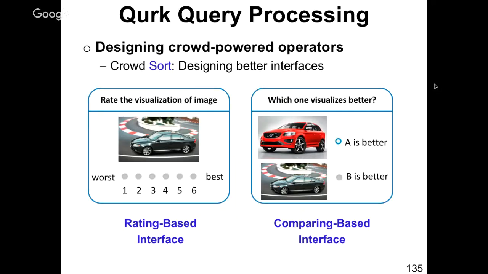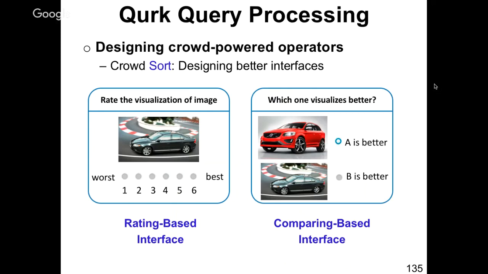And the second interface design, for crowdsourcing sort, is more interesting. Suppose I want you to give me a sorted list or a top K of images about which cars have a better visualization effect. There could be two possible interfaces. The first one is rating-based, and you can give me 6 degrees of visualization effect and ask me to rate it, right?